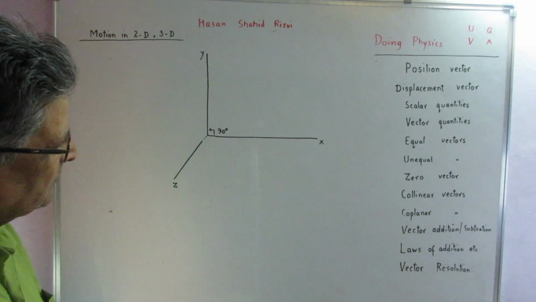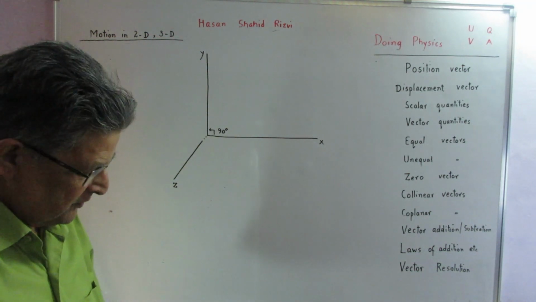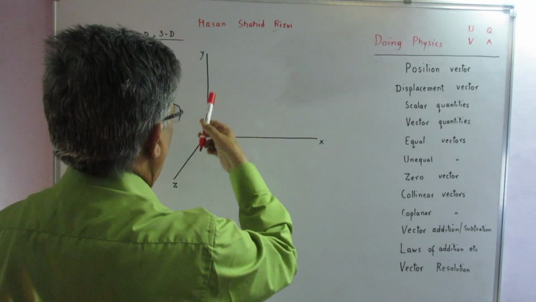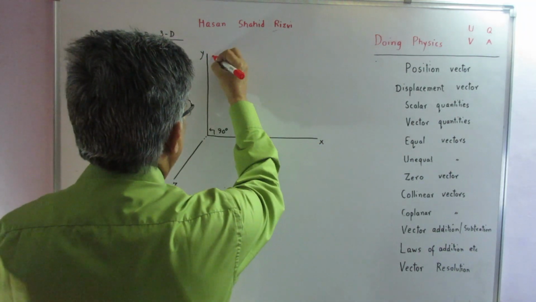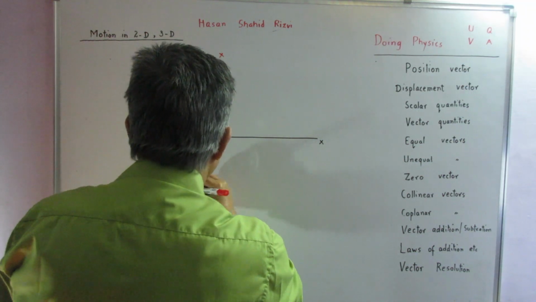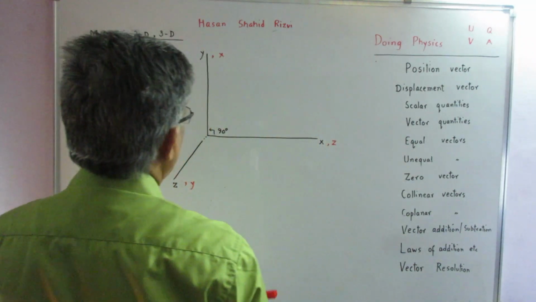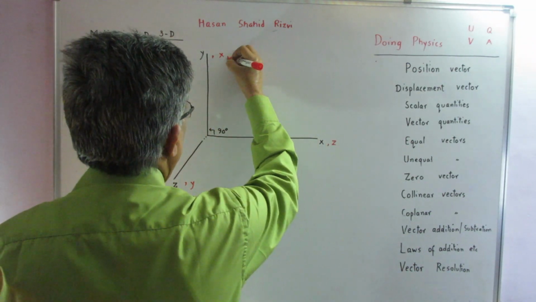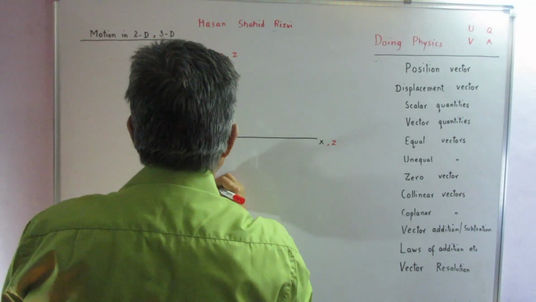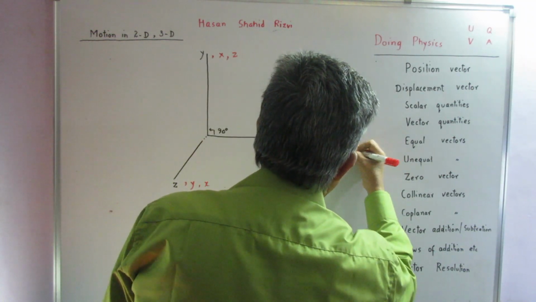I can rotate these axes. There is something very interesting which I want to share with you here: suppose I put my axis x over here, then my axis y will come here and axis z will come here. If I put my axis z over here, then this will be my axis x and this will become my axis y.